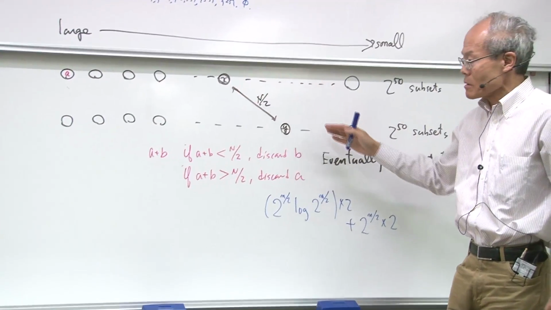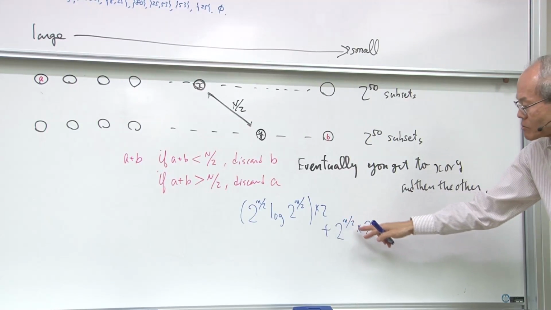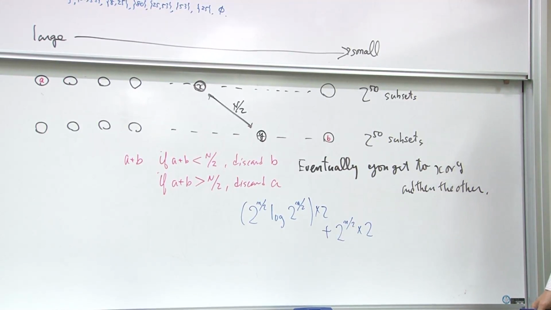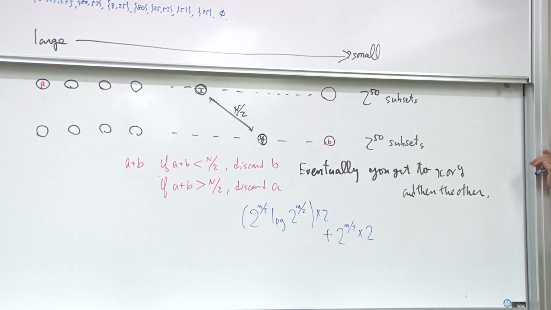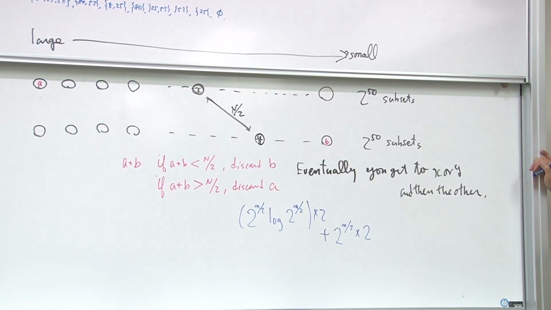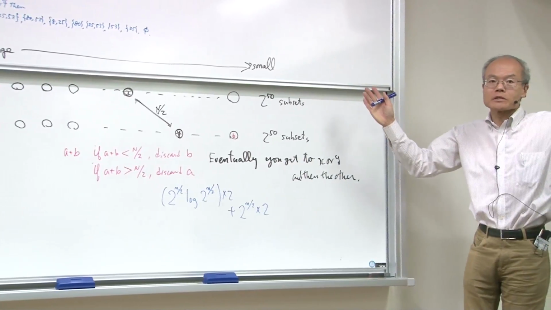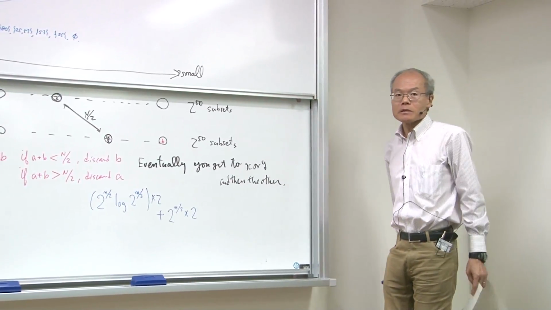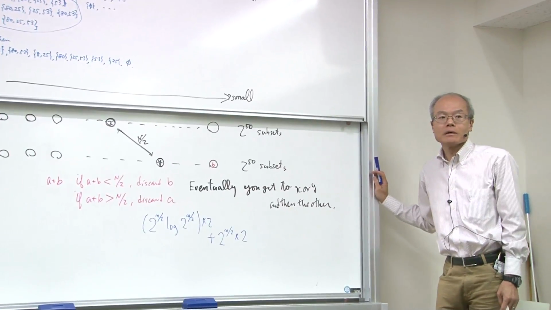The size of the list is 2 to the n over 2 times 2. It's the sum of the lengths of two lists. By doing one operation, you can reduce the size by 1. That means after this many operations, you can get to the answer at worst.